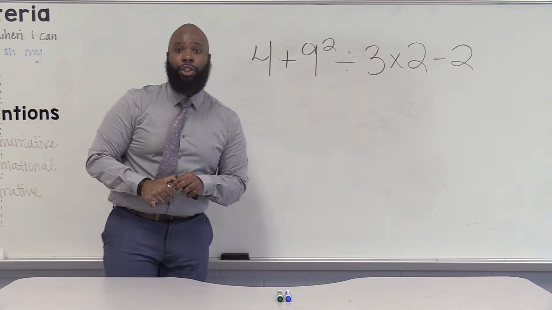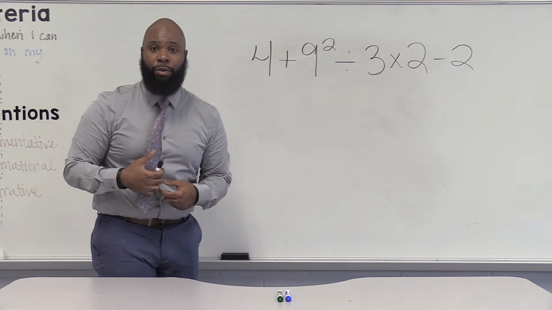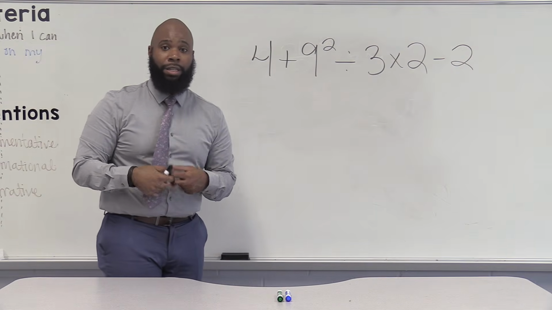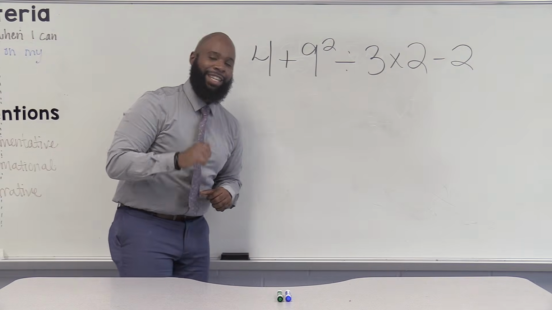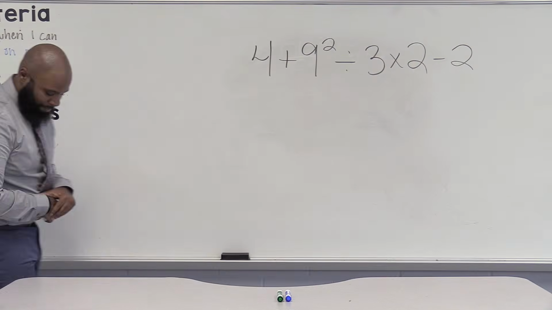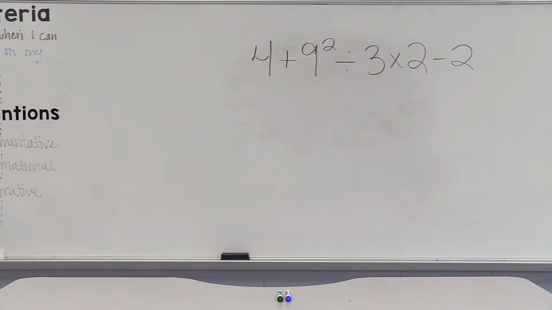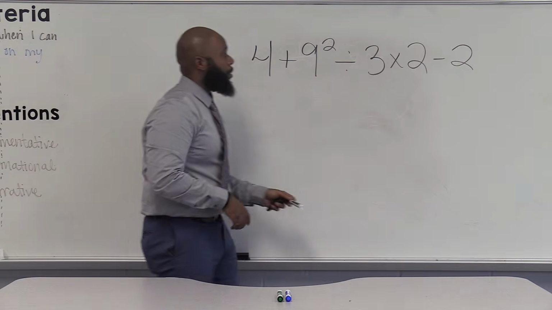So I want you to use your operations that you know and think about what you evaluate first. So looking at my problem, what's the first thing we're going to do? I'm going to give you a second to think about that. So the first thing I'm going to do is 9 squared.